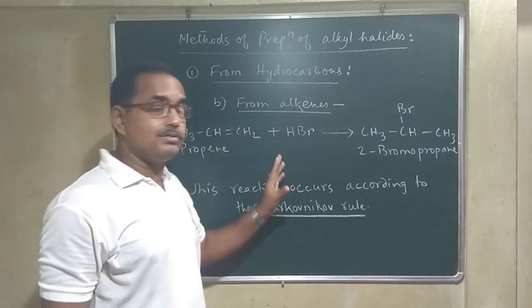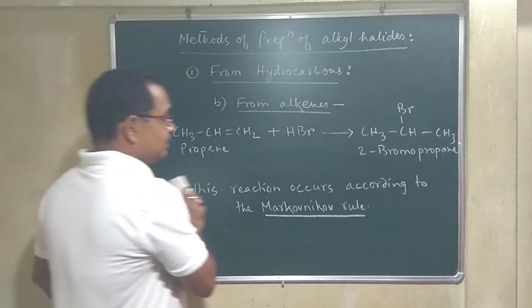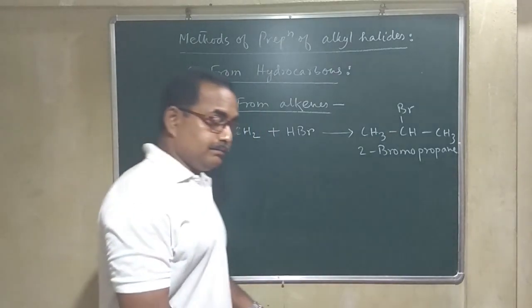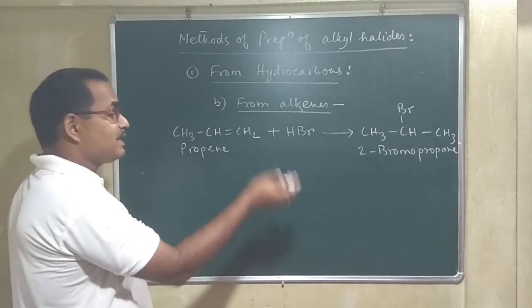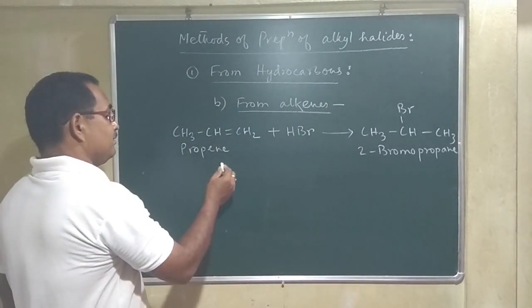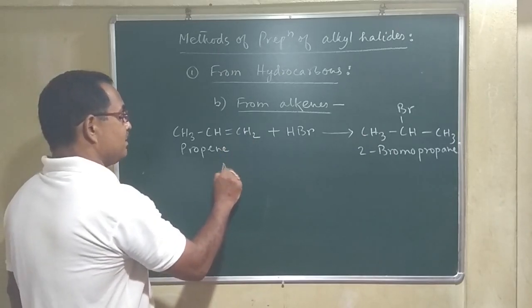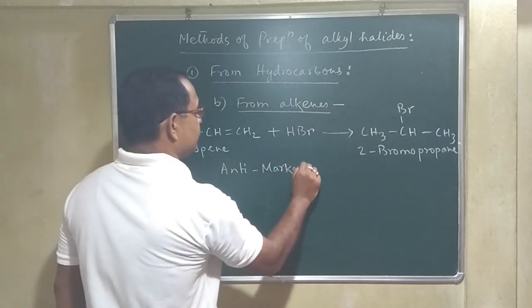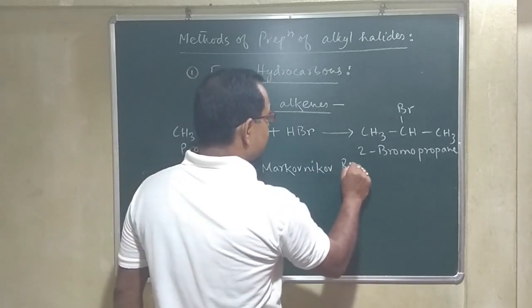If you have any doubt, then please go through that part of your class 11 book. Okay, Markovnikov rule. In this case, there is another type of reaction. It is anti-Markovnikov rule.